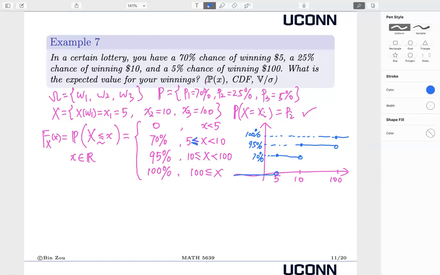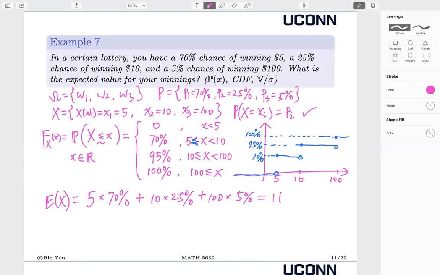And then I want to calculate the expected value, and the variance or standard deviation. So I'm going to start with the expected value. It will be value times the corresponding probability, plus 100 times 5%. Okay, there are different ways of calculating the variance, right?